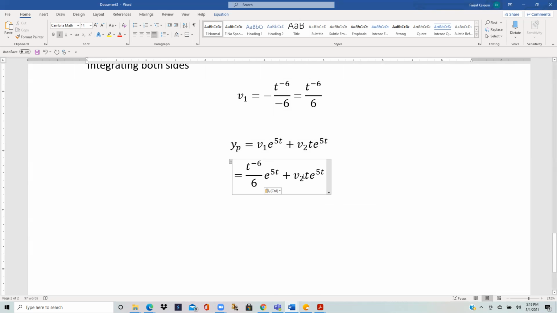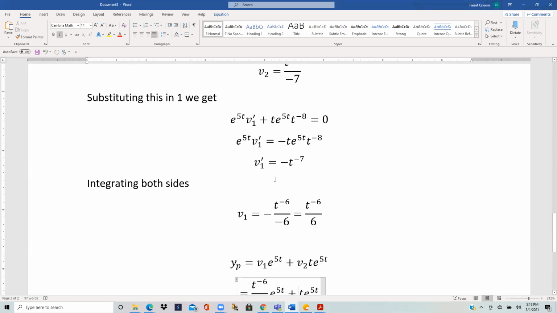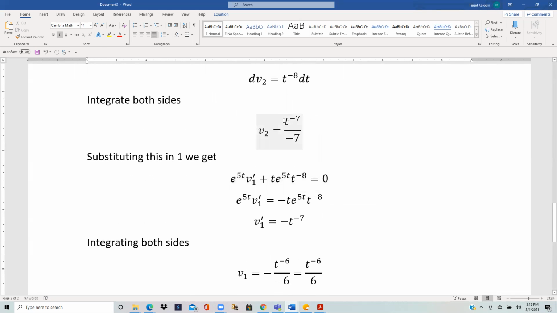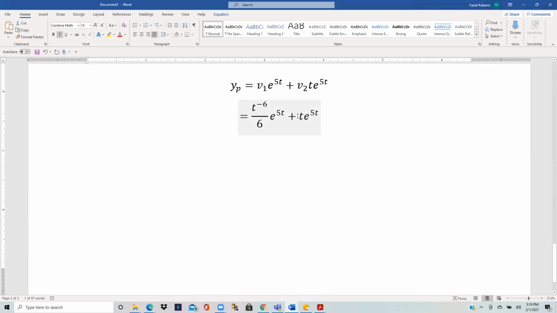And v2 was t to the negative 7 over negative 7.